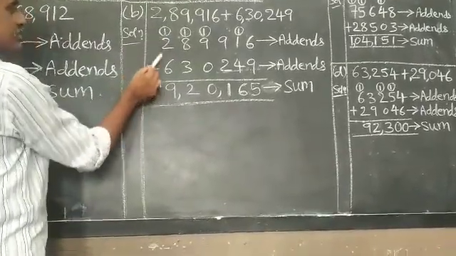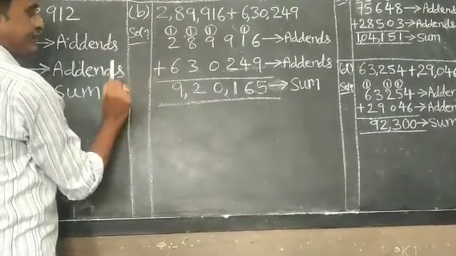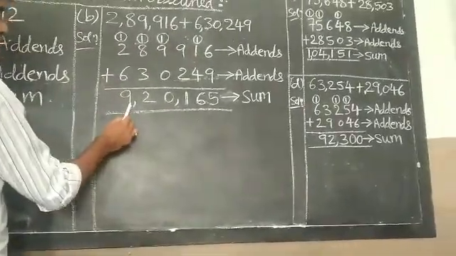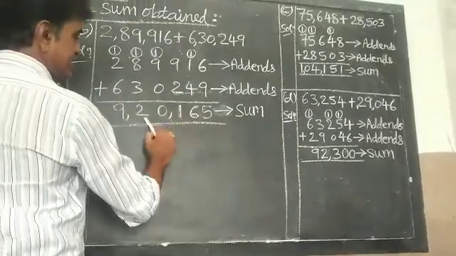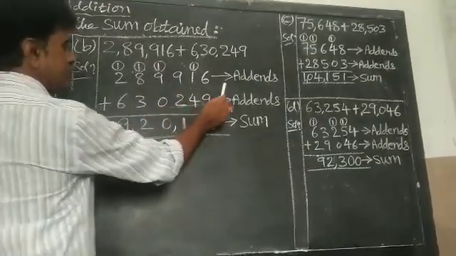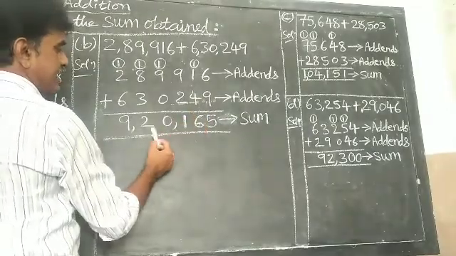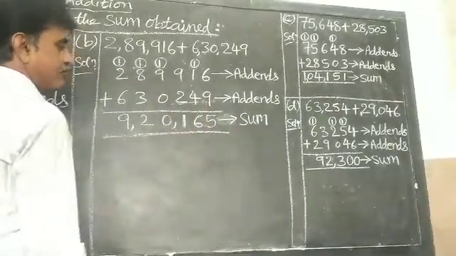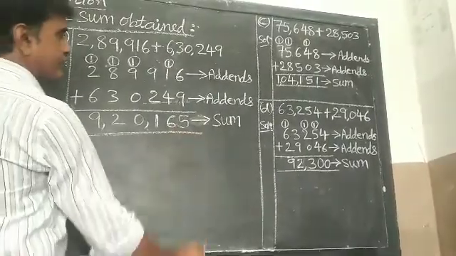Afterwards, lakh place: 1 plus 2, 3. 3 plus 6, 9. So the answer is 9,20,165. This answer is called the sum, and the two numbers that you are adding are called addends. After adding two numbers, the answer that you get is called the sum.